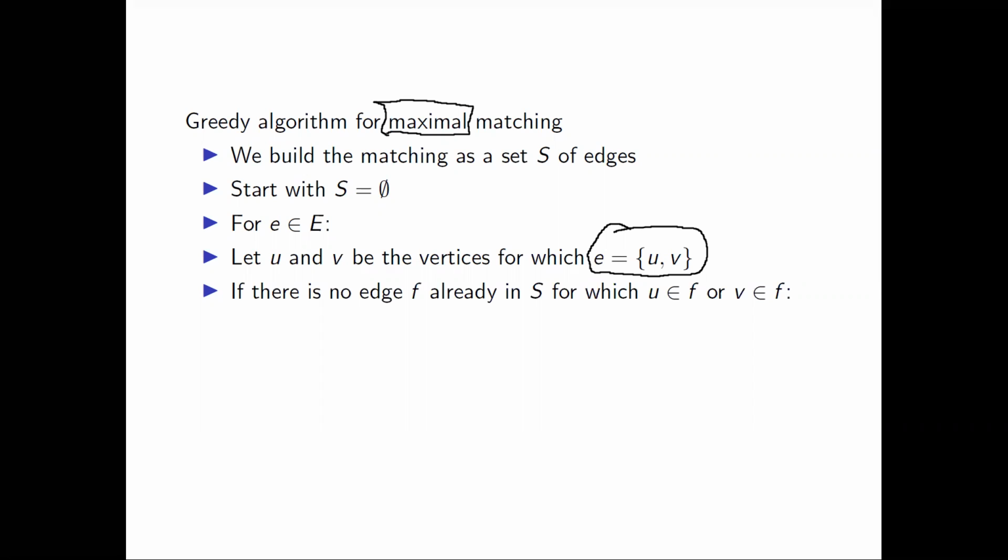So if there is no edge that's already in S which contains U or contains V, then we will add E to S. And we'll only add E to S if there's no edge already in S for which U is in F or V is in F. If there is an edge F already in S which contains U or contains V, then we do not add E to S. So adding E to S only applies if this part is true.